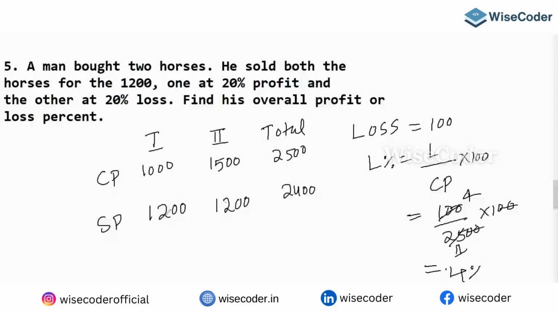So if you took 120, again you end up with 4%. So the point is this: when the selling price is the same, with the same percent profit and the same percent loss, definitely you are in the loss. Always you are in the loss.